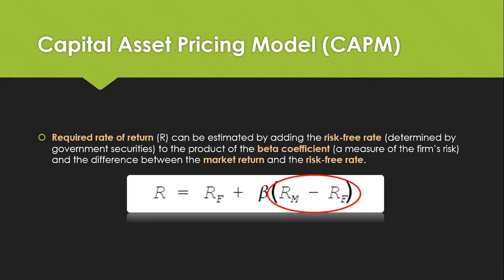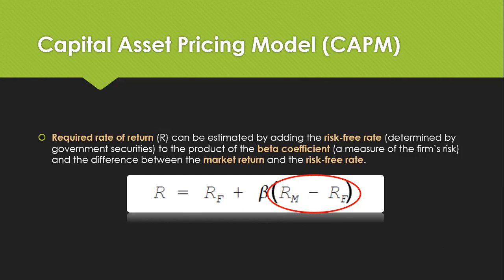It's because the government is assumed to be always liquid. When you say liquid, they always have money to pay. So there is no risk of default. We need not worry that the government will not pay us if we buy their bonds. So that's why government securities are treated as risk-free investments. There is no risk involved whatsoever.